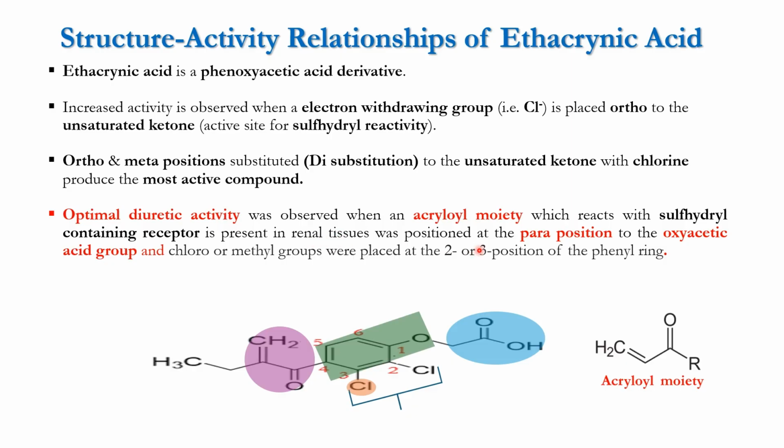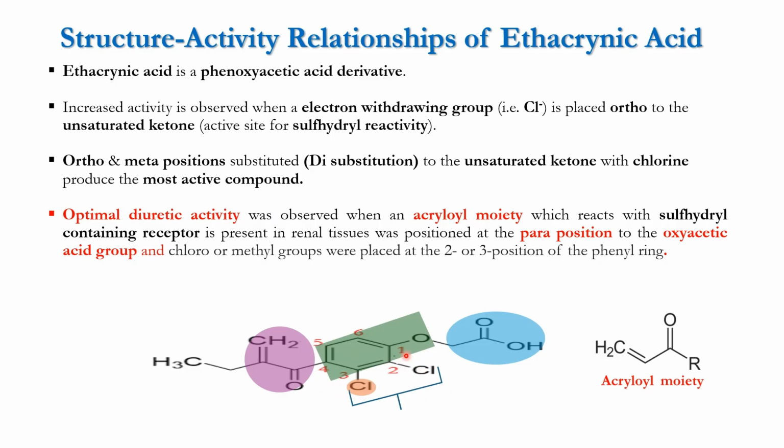It is positioned at the para position of the oxyacetic acid. This is a benzene ring with the acetic acid and the oxy part, so the acrylyl moiety should be at the para position of the oxyacetic acid, and there should also be chloro groups, or sometimes methyl groups, at position 2 or 3.